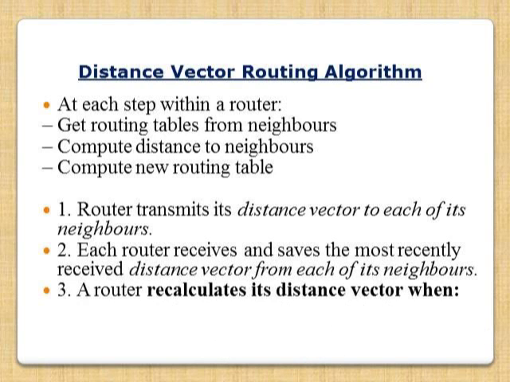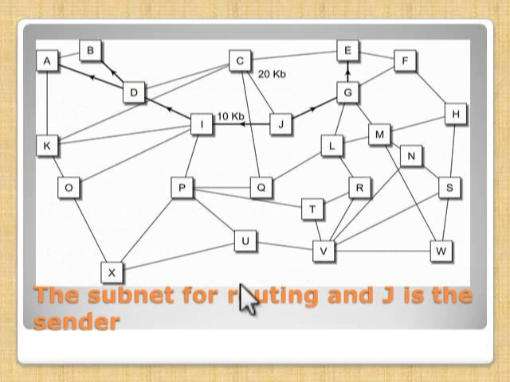Now we are understanding the figure. In the subnet for routing, J is the sender. J is sending data to C, I, D, B, A, K and all other routers. J sending data to E, the next router will be G, and the only interface will be 1G.